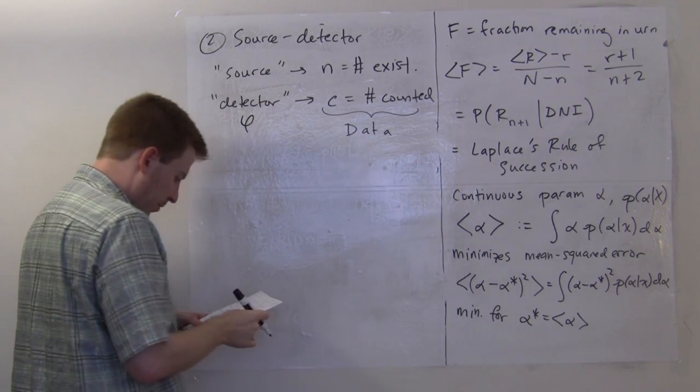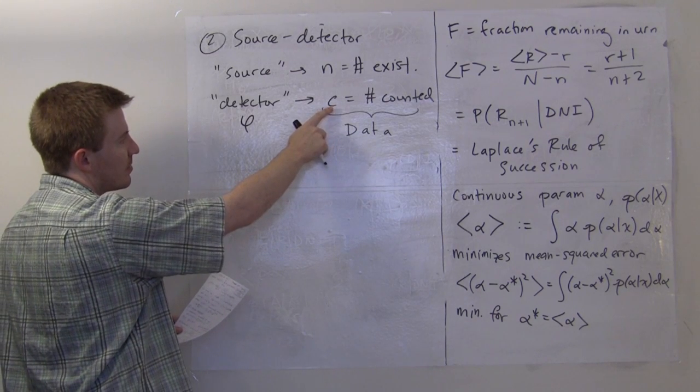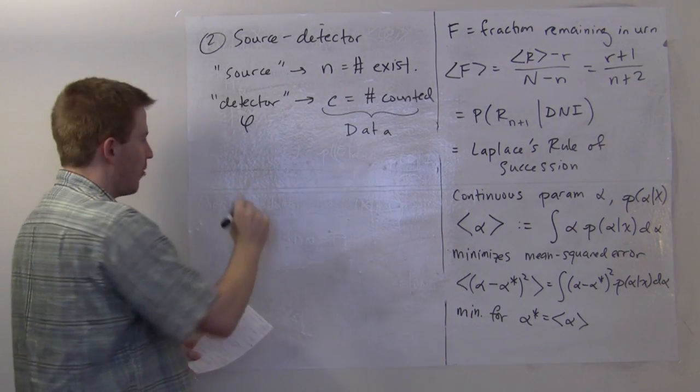Okay, but to start with, we can write down at least what our data probability is for the number counted conditional on a particular value of n.